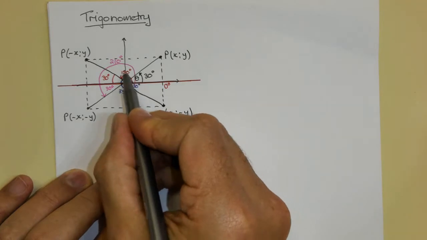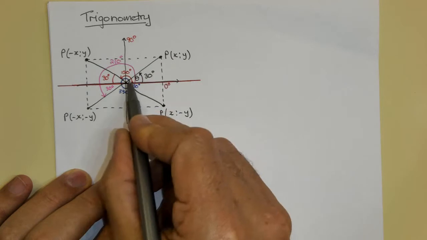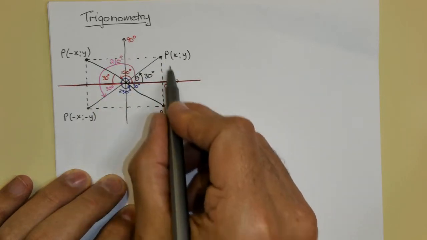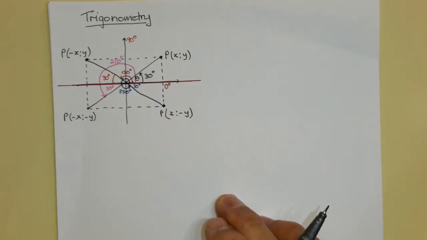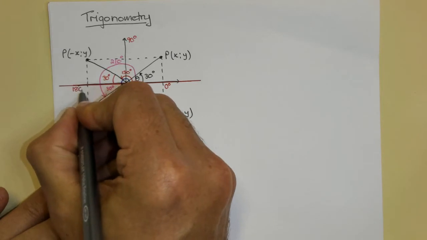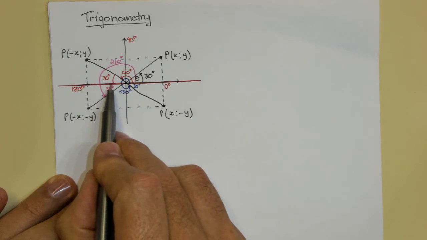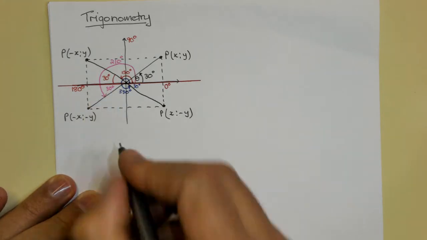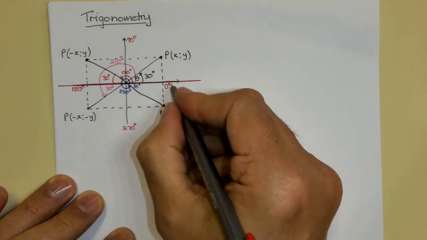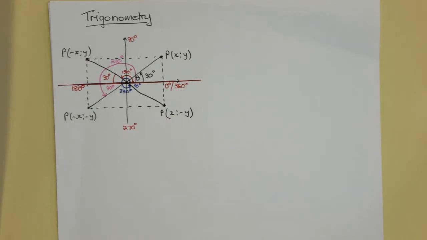I go through to this vertical line, I would have rotated my terminal arm, my initial ray is over here, my terminal ray would then be on the vertical at 90. Rotated another 90 degrees and I'm back on the horizontal line. So from there to there I would have measured 180 degrees. Add another 90 and I'm at 270 degrees. Go through another 90 and I've done a full revolution at 360.